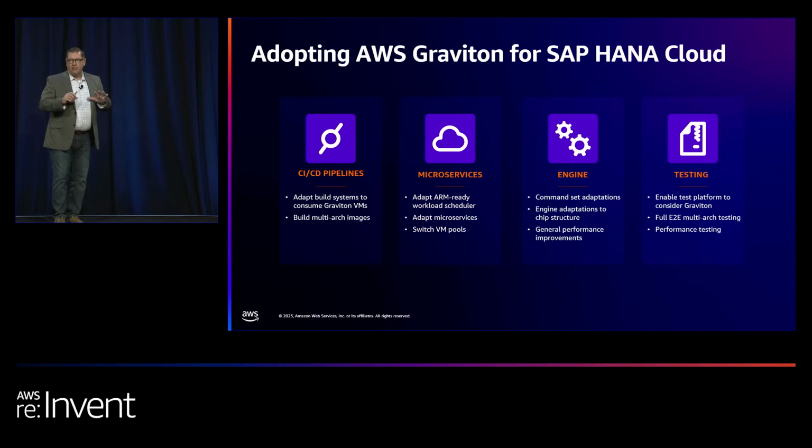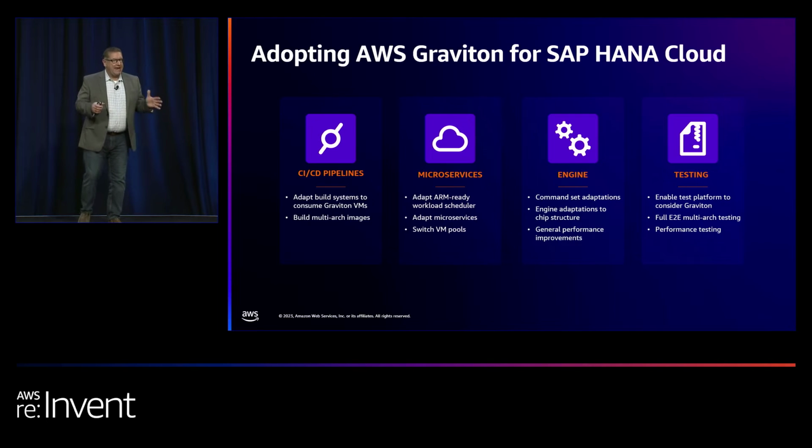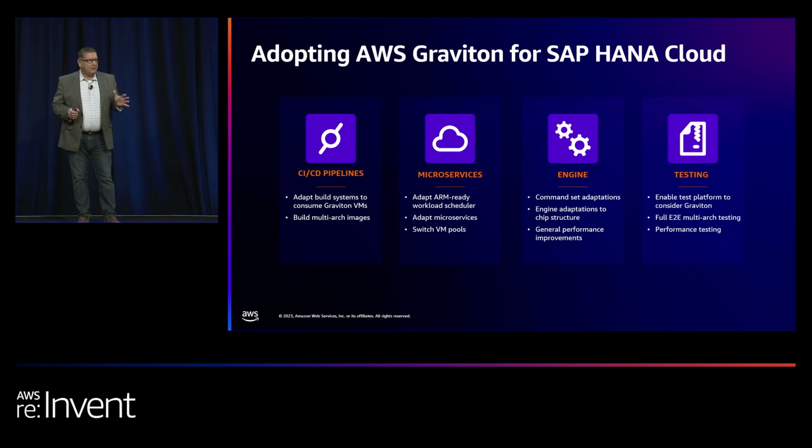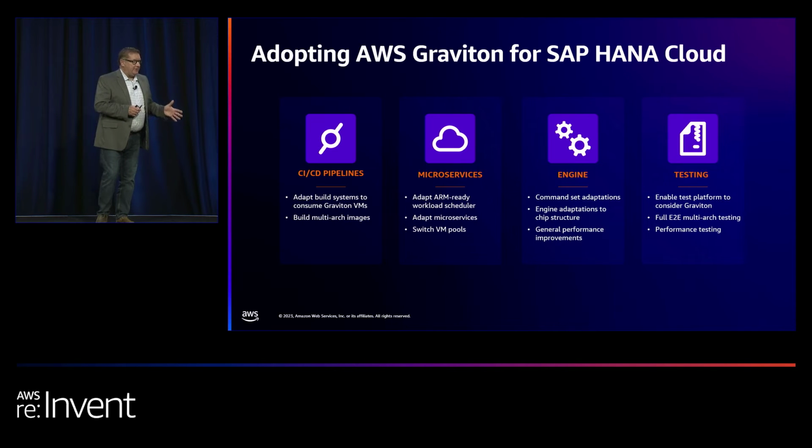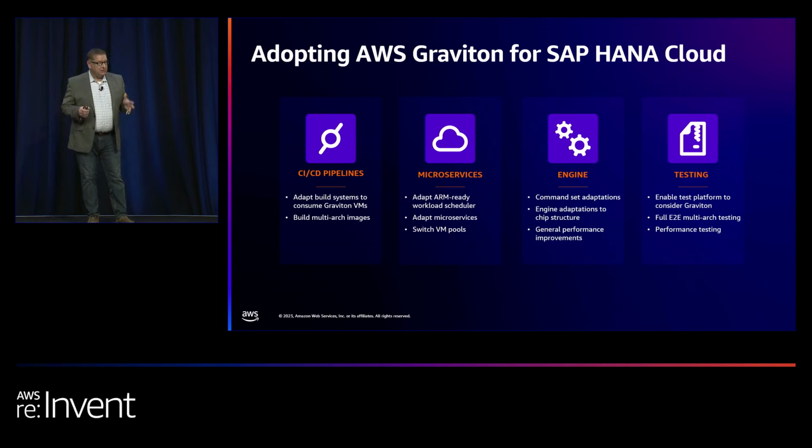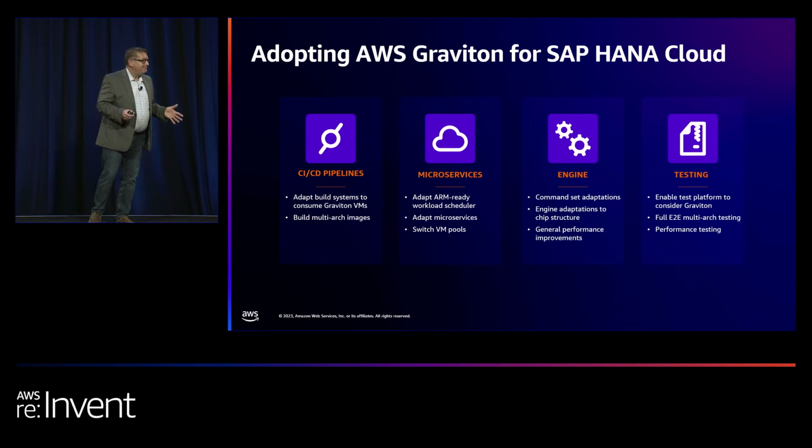But when you take a 10,000-foot view of what we were doing, these were the main work streams. The first is our continuous integration and delivery build pipelines. Those needed to be ported to AWS Graviton. This included adapting the build systems to consume Graviton virtual machines. It included building multi-arch images as well.